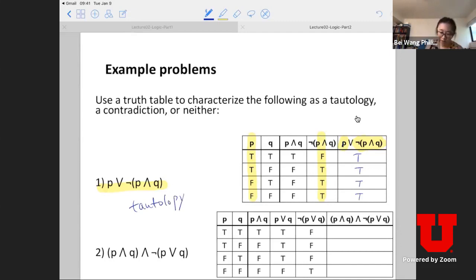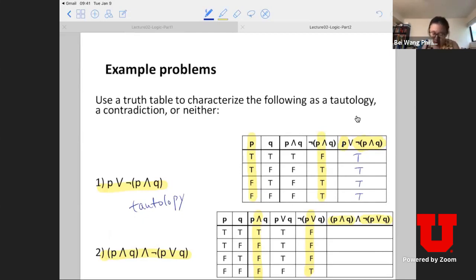Now let's focus on the second one. So the second one, let's break it up into two parts, P and Q and negation of P or Q. So that is going to be the third column that is already filled out for you, and then the fifth column. And it's an AND operation, which means it's only true when both the variables are true.